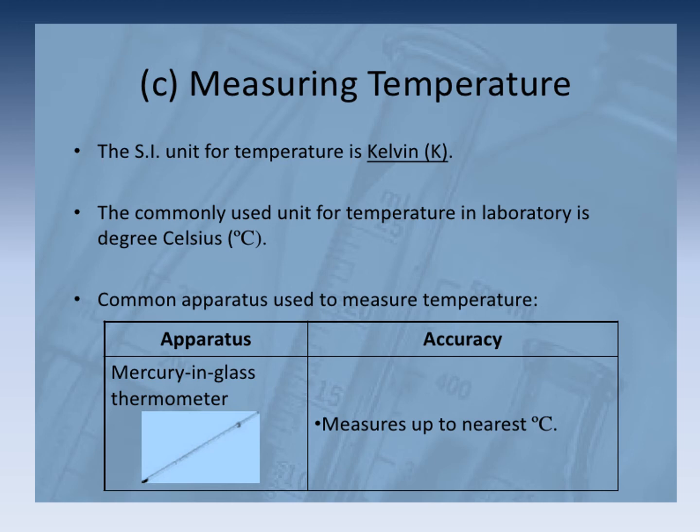We know this. It is measured in degrees Celsius. Commonly we use the thermometer in which the common unit is degrees Celsius. The mercury in glass thermometer and alcohol in glass thermometer are common thermometers. Instead of the mercury in glass thermometer, there is another thermometer, the alcohol in glass thermometer, that is also used in the laboratory.